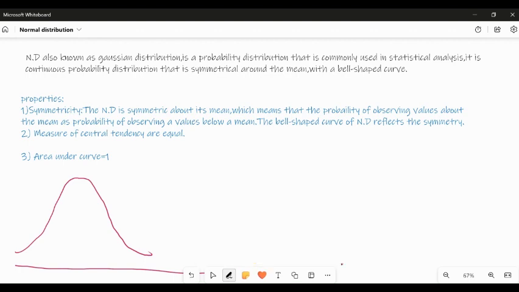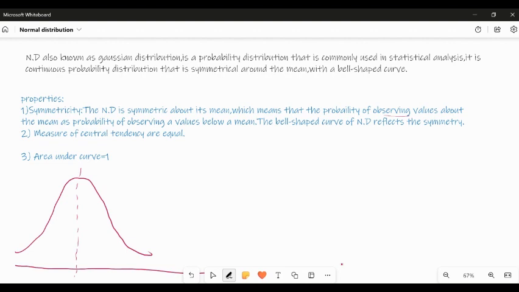The normal distribution is symmetric about its mean, which means that the probability of observing values above the mean is the same as the probability of observing values below the mean. The bell-shaped curve of a normal distribution reflects the symmetricity, as we have discussed previously. The bell-shaped curve is a very well-known term for the normal distribution.